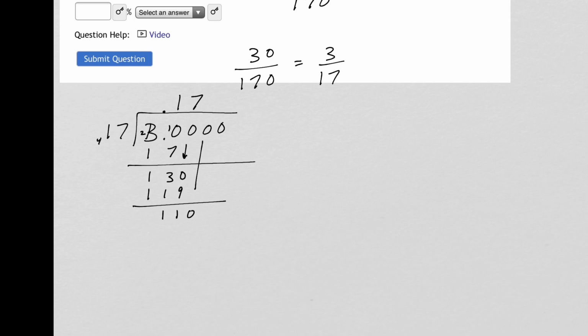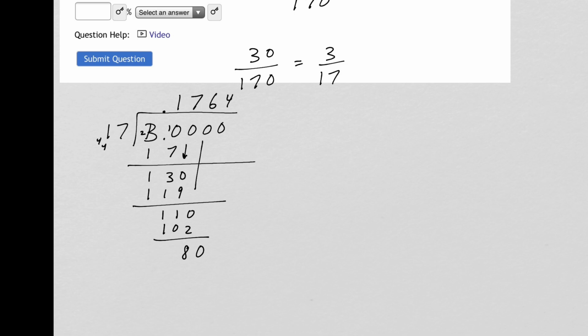17 into 110, I guess, is going to be 6. So that'll be 42. Put a 4 there. 6 times 1 is 6 plus 4 is 10. Then I subtract again. So this is what, 8. Bring down the next digit, which is a 0. 17 into 80 is 4. Well, yeah, 5 will be too big, so I guess it's 4.